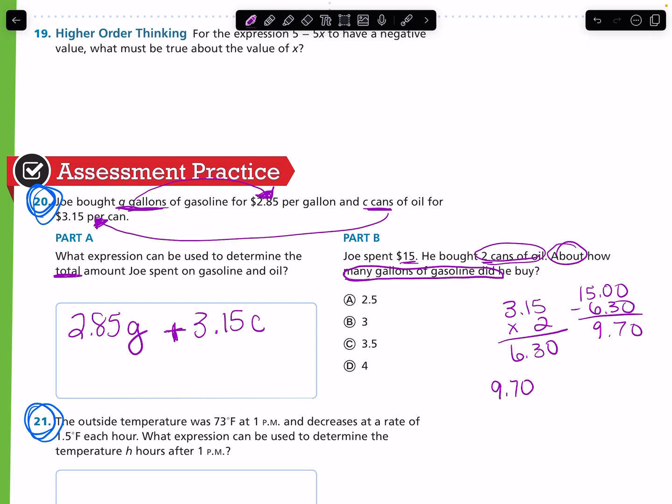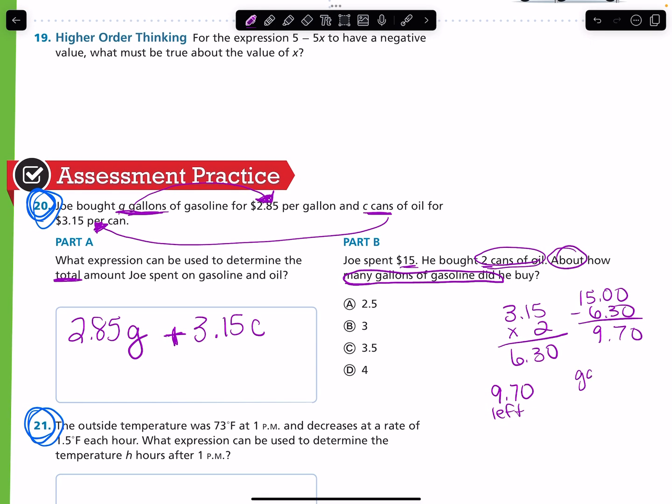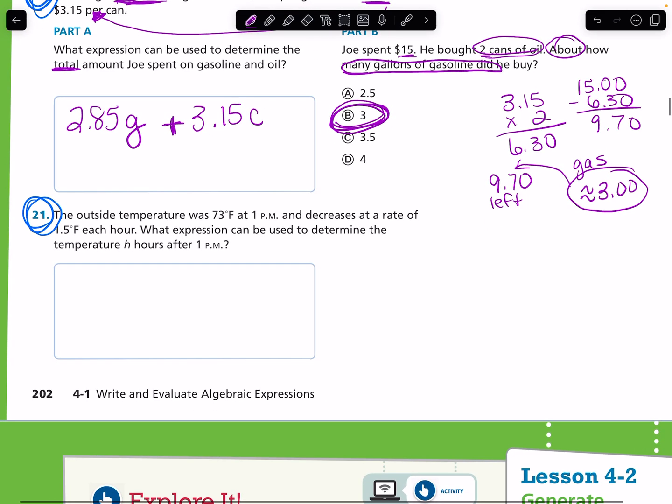And gas, I'm going to say, remember, if I write it, you write it, is approximately $3. So how many of these do I have in 9? Okay, and in my opinion, I've got about 3. So the answer to that would be 3. If you need to press pause to make sure that you have it, write it down, please do so. Otherwise, we're moving on to 21.